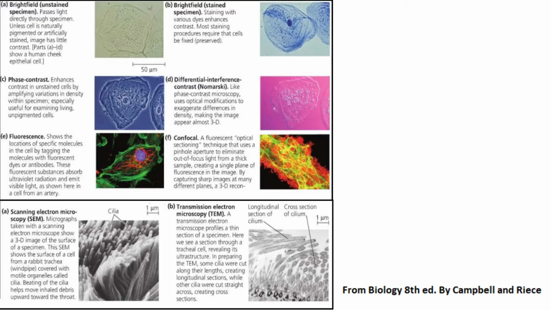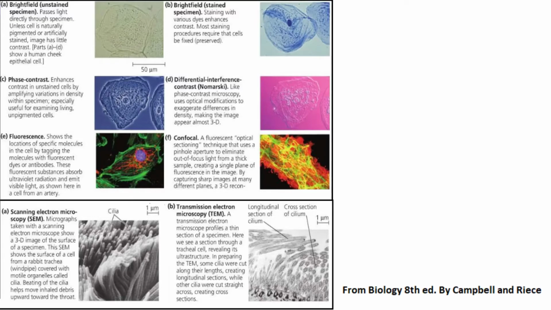It's covered with motile organelles called cilia. The beating of the cilia helps move inhaled debris upward. If you're a smoker, that's the organelle you're basically damaging. So don't smoke, kids. It's bad.